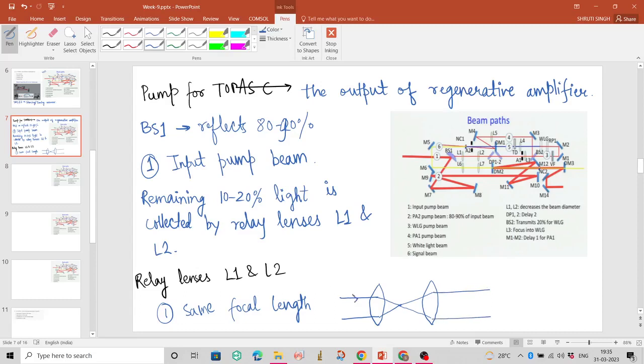So this beam came in, it got focused at this point F, let's say, and from this F point, the beam got diverged out, and a beam which comes from the focus of a convex lens goes parallel. So these beams again become parallel.